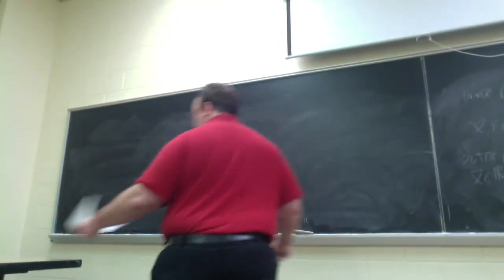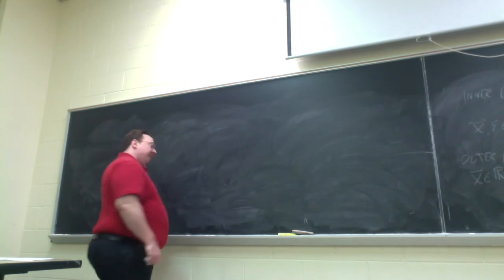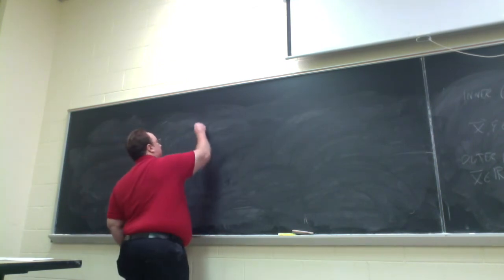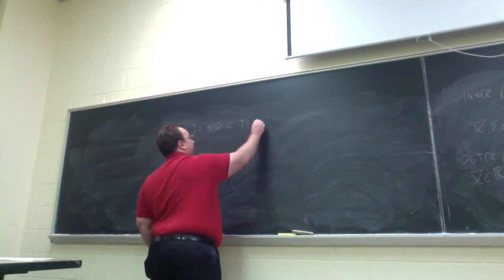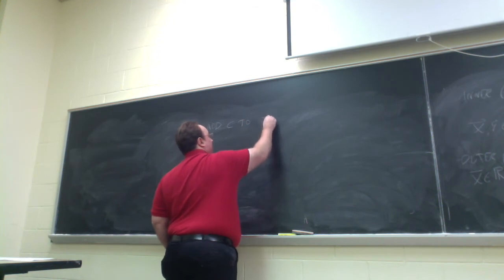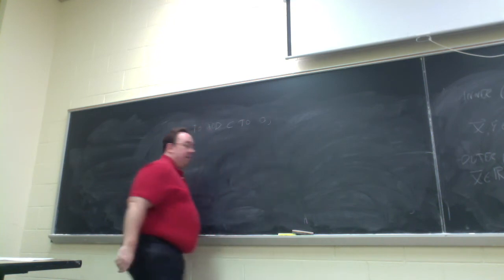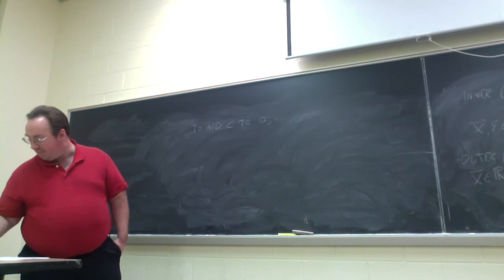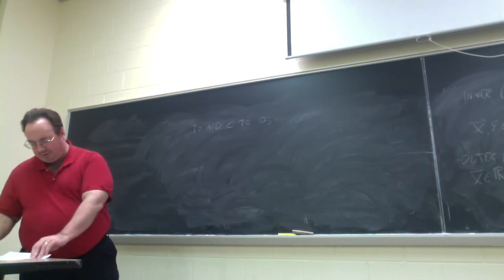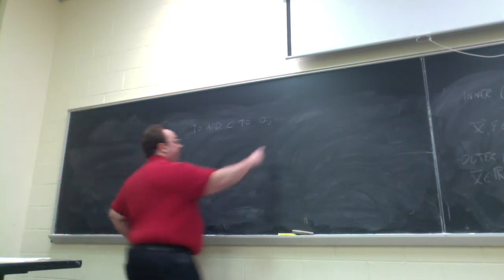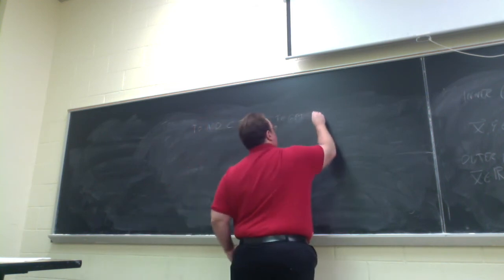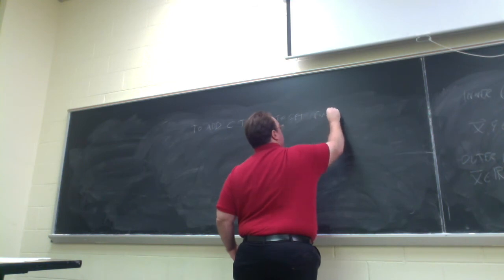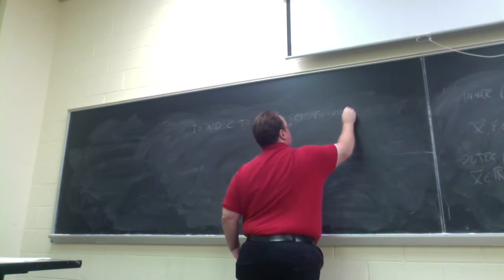To add a certain amount, call it C, to Aij, and then I'll use B to refer to the updated matrix.